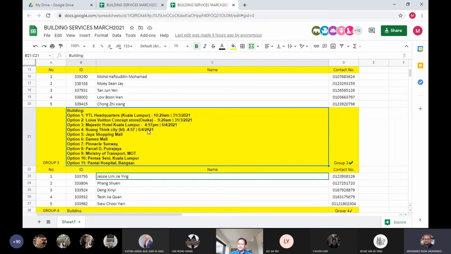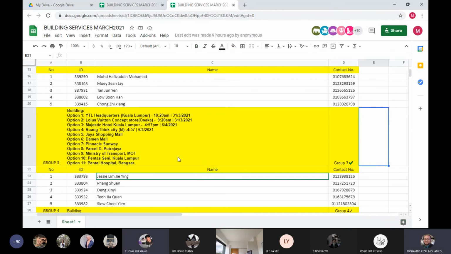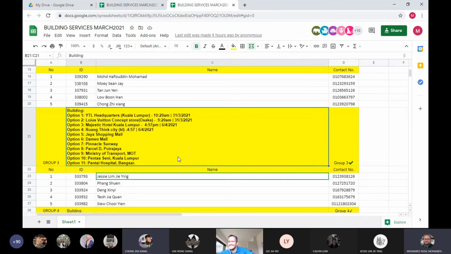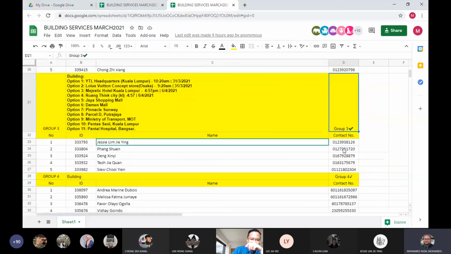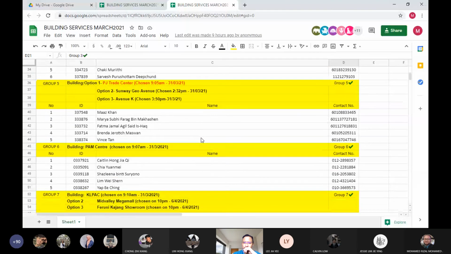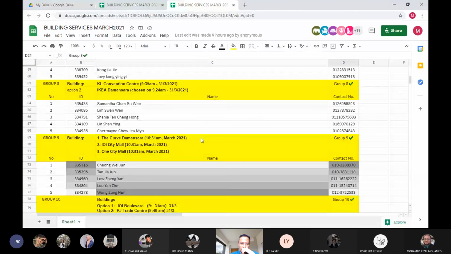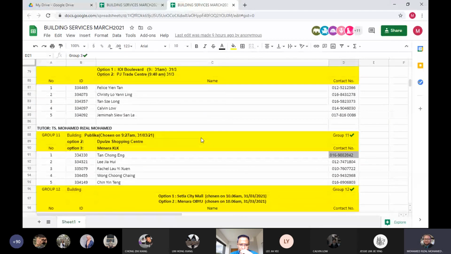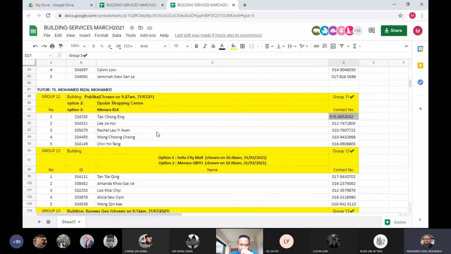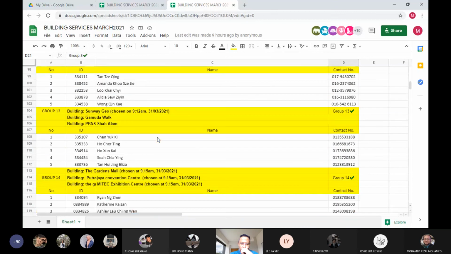So the rest, give to your friends. Please avoid choosing the same building, especially for those under the same tutor. Is it clear?